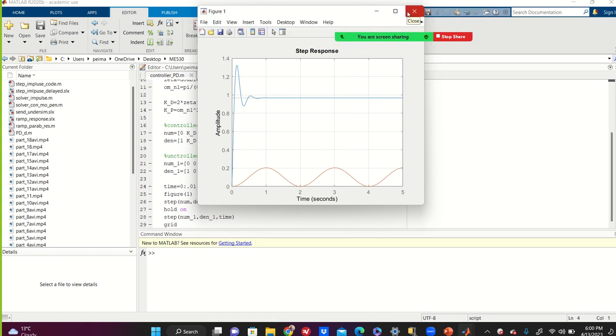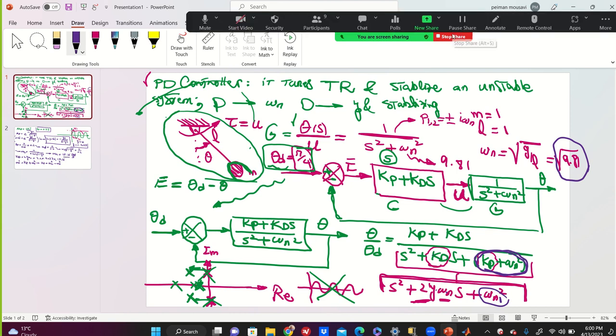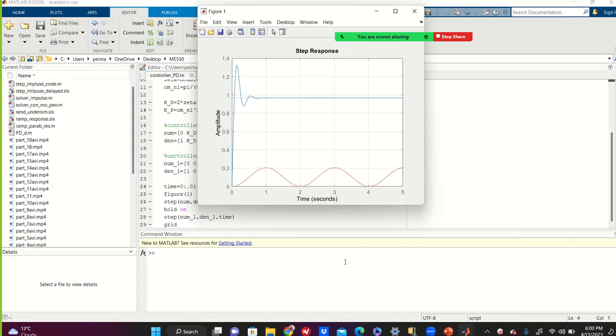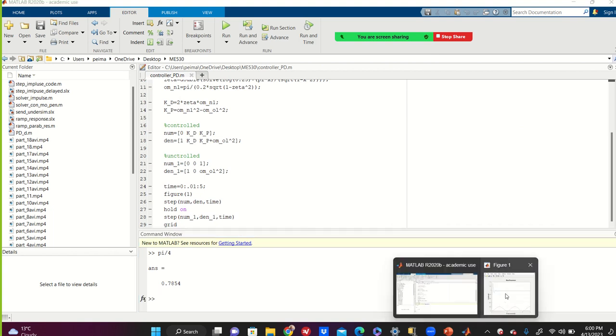Now, guys, I asked you a question. I told you that I want to keep that angle to how many? Pi over 4. But pi over 4 means how much? Let me give it. Pi over 4 is 0.78.